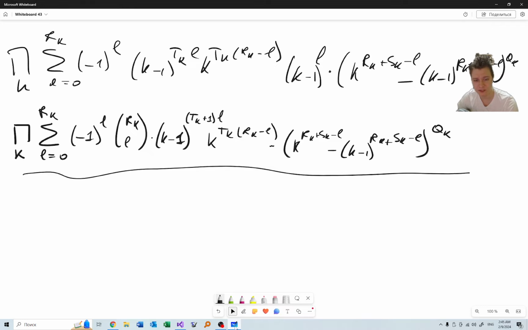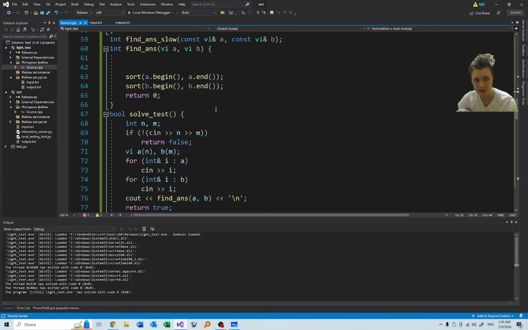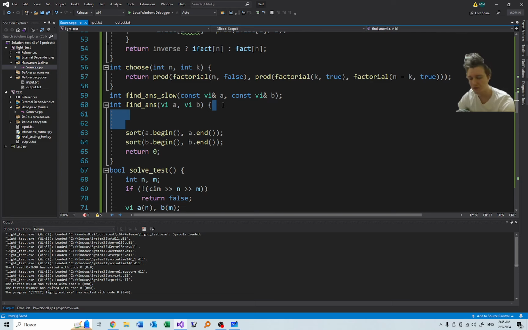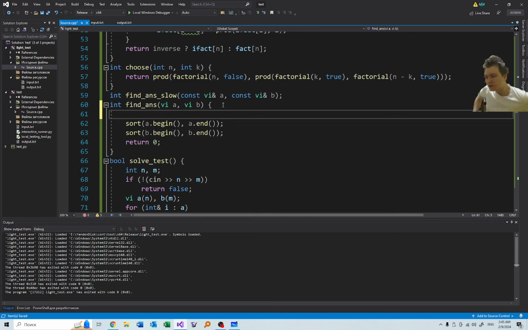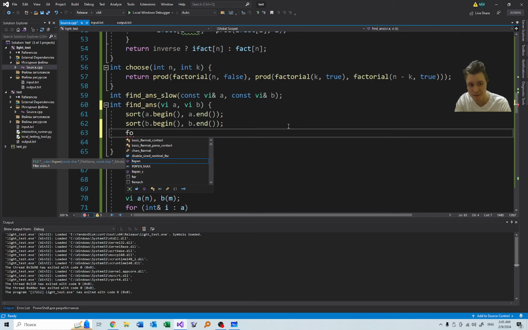Minus 1 to the power L is also easy. So I need here to create some sort of, let's do just 2 pointers. I don't see any reason not to do 2 pointers.